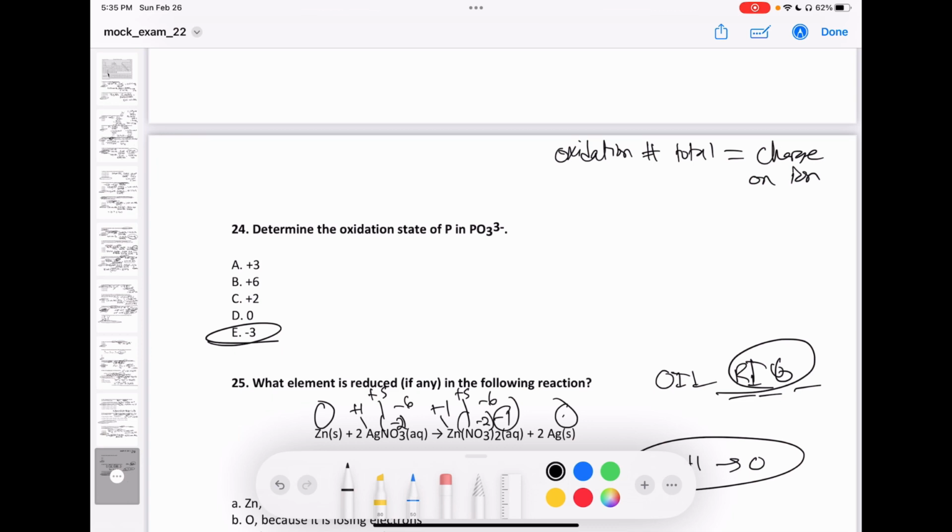So when everything is added up, it has to equal this -3. We know that oxygen is always -2, and there are 3 of them, so the total for oxygen is -6. And then what do you add to -6 to get you to -3? This phosphorus is going to be a +3, not a -3.